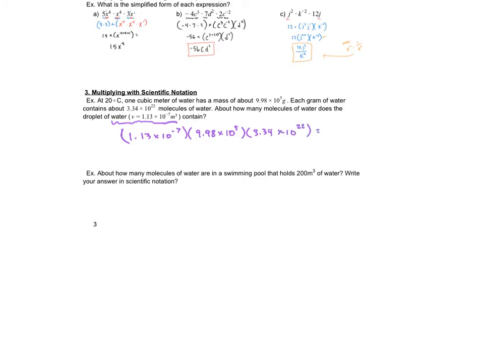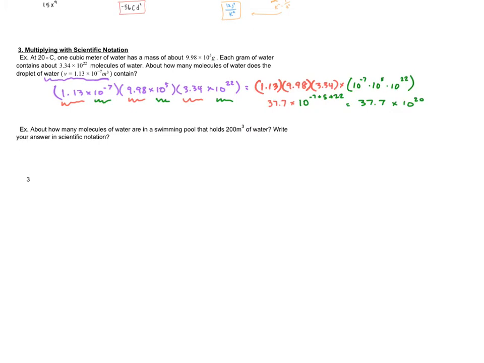Now when we multiply this all out, we can multiply our numbers together. And then we're going to have our tens to the exponent, which is part of our scientific notation, but those are like bases, so we're going to be able to multiply those together and add our exponents.